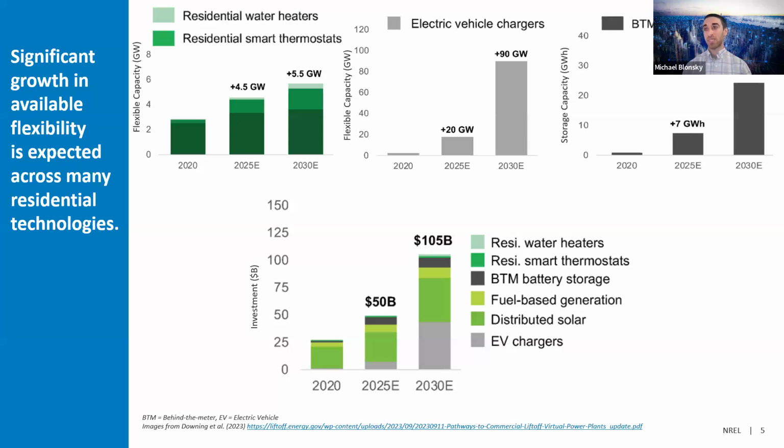And in terms of investment, this is already a very large investment in all of these different technologies, both in just installing them and including them in residences, but also making them flexible and available for use to provide grid services and to provide benefits to homeowners and occupants. So, projections for over $100 billion of investment across all of these end uses by 2030.